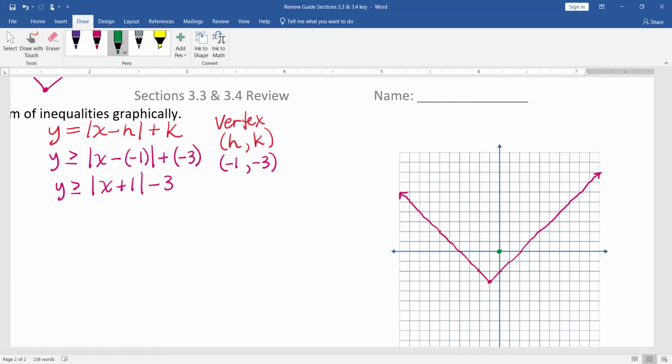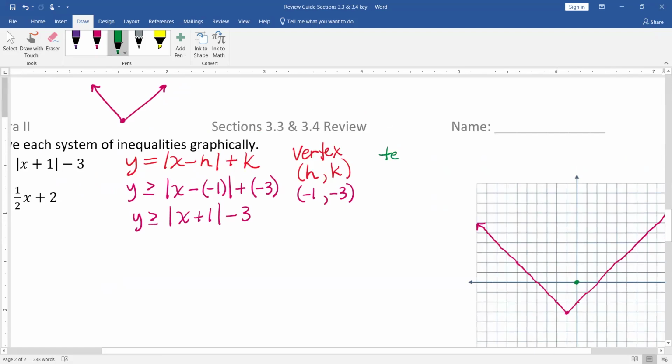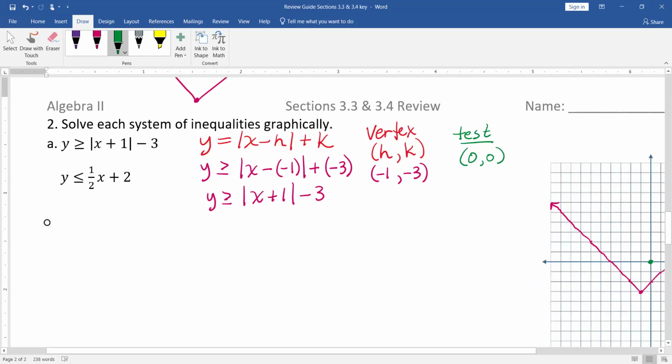This goes back to the problem we just did earlier where we plug in a test ordered pair, the origin 0, 0, into my absolute value inequality. So y is 0.